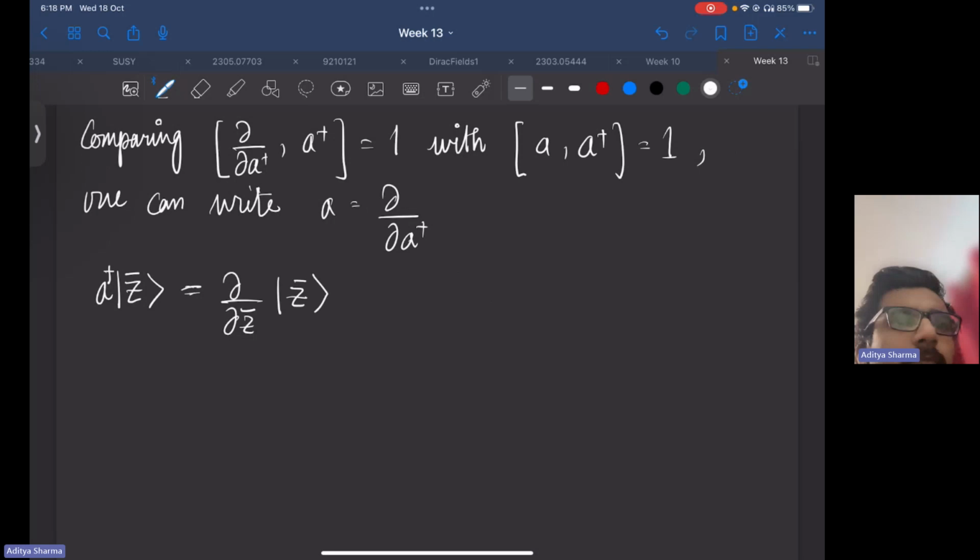Sorry, the coherent state is defined like this, and he had written this. In fact, this is the same thing which I have written. There's no difference here. There's only the notation, but it means the same thing. Okay.